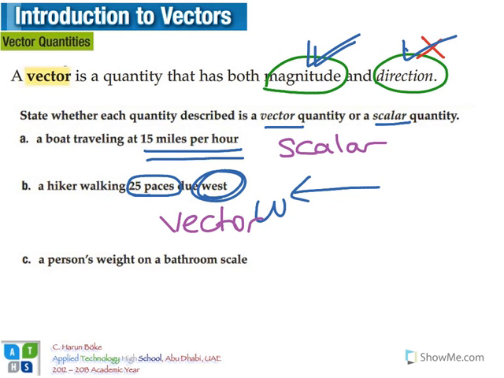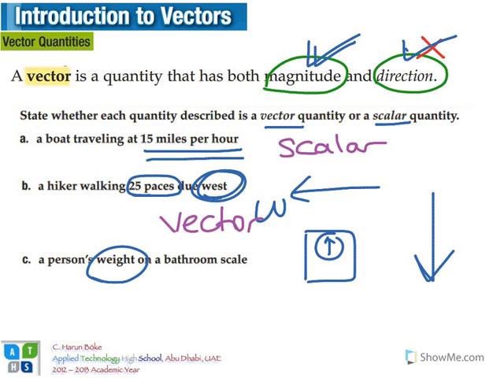How about a person's weight on a bathroom scale? Well, this is a kind of tricky question because weight can be seen as a scalar quantity, because on the scale we only see our weight. But the thing is, weight is dependent on gravity, which is a downward force.